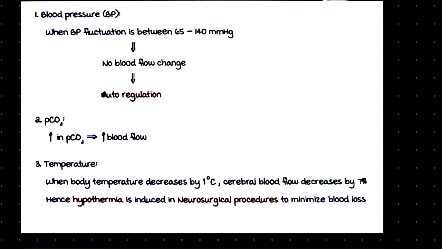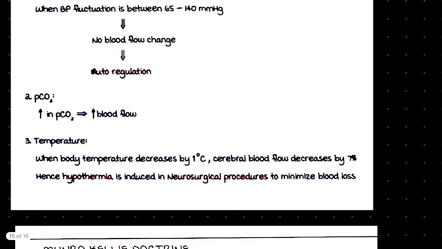And talking about PCO2, if the partial pressure of carbon dioxide is increased, then blood flow will also increase. And talking about temperature, it is so important. When body temperature decreases by 1 degree Celsius, cerebral blood flow decreases by 7%. That means hypothermia is induced during neurosurgical procedures.